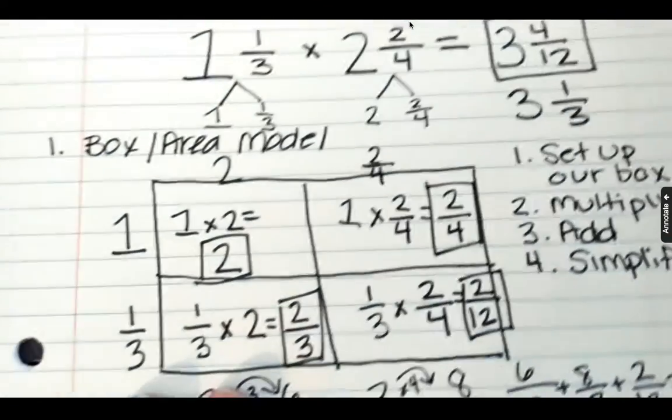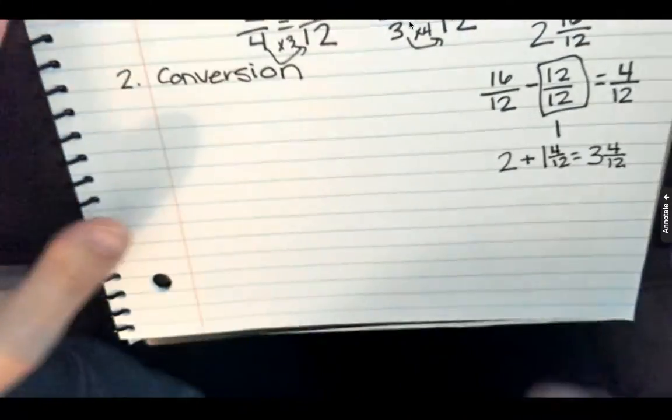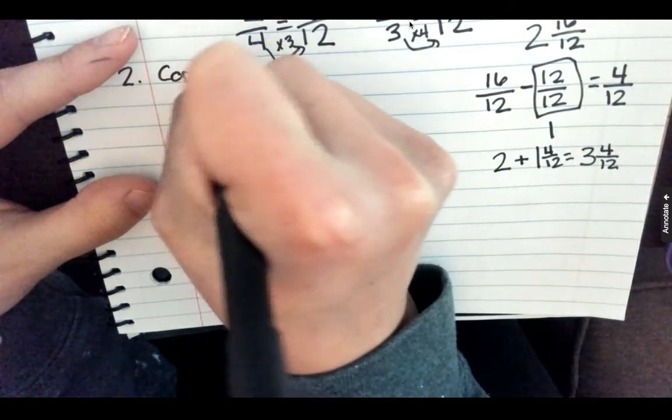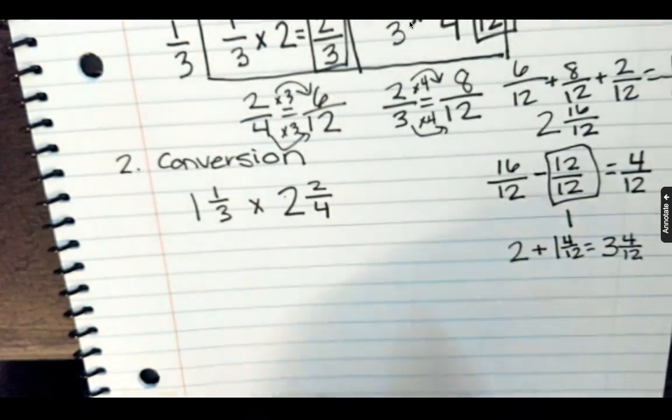Okay, so our next way we can solve this problem is through converting. So if I have 1 1/3 times 2 2/4, I'm going to convert both of these mixed numbers to improper fractions.